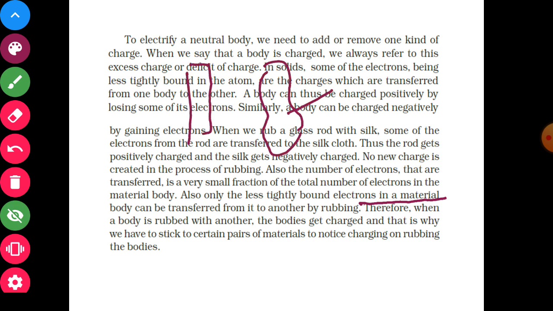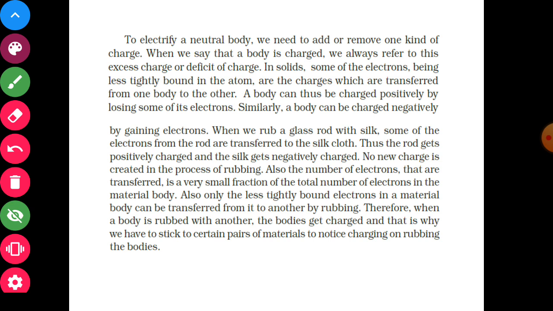This is a cloth which rubs the object. Now, less tightly bound electrons are just getting transferred. Say if this is a glass rod, then less tightly bound electrons are transferred from the glass rod to the silk cloth. Similarly, when a plastic rod is rubbed with a cat's fur, the less tightly bound electrons from the cat's fur will transfer onto the plastic rod. Okay, try to understand this part.